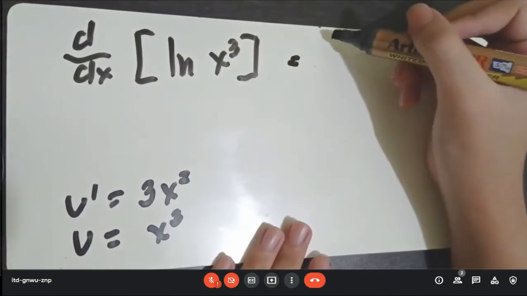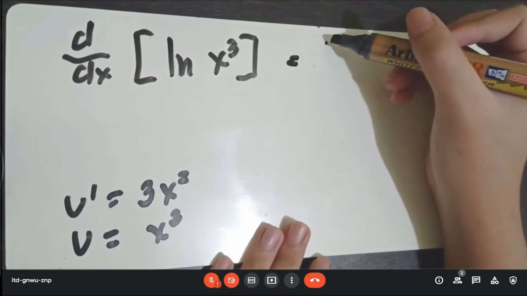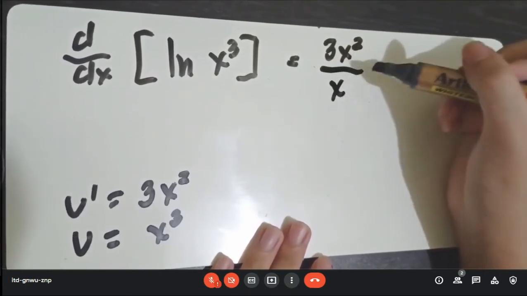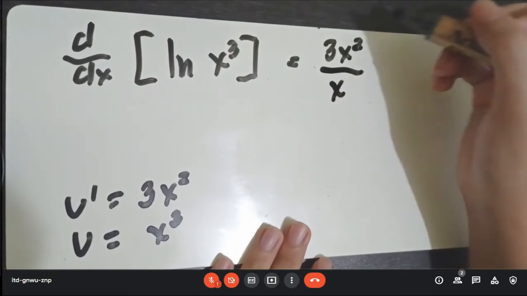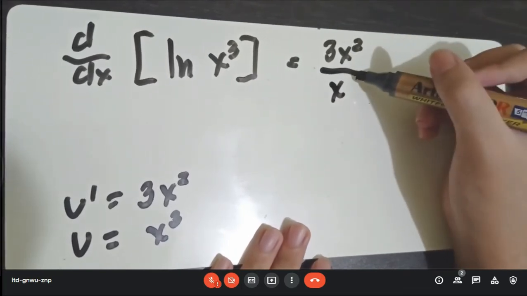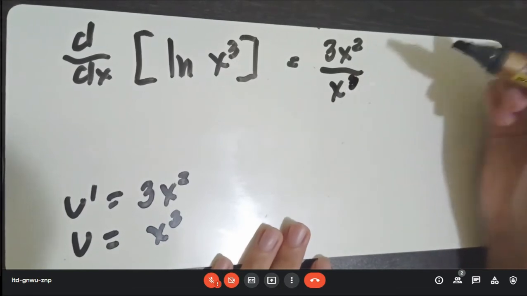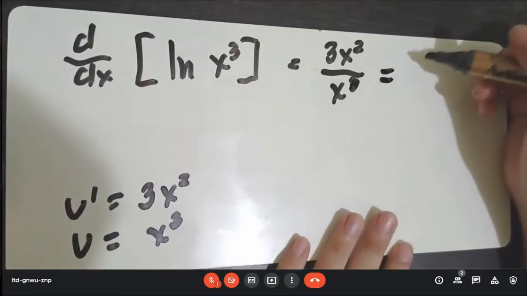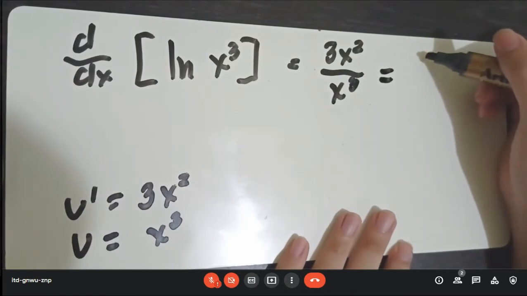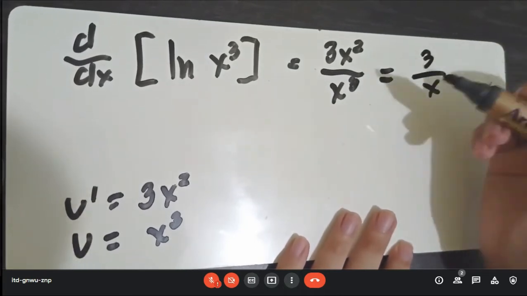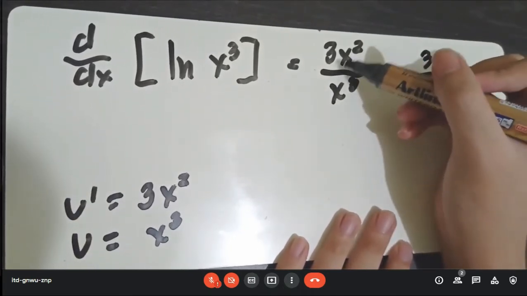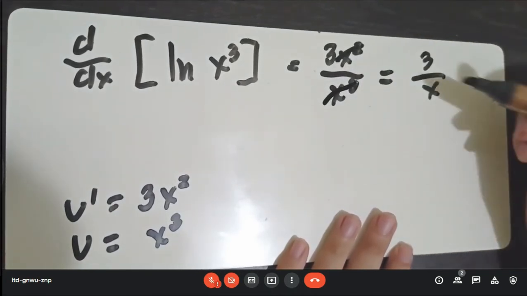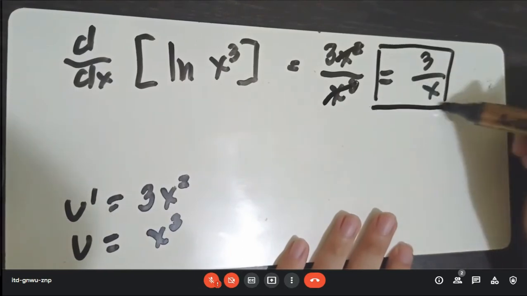So the answer here is 3x squared over x cubed. So you can simplify it, and so the final answer is 3 over x. You just need to simplify this. That's the final answer.